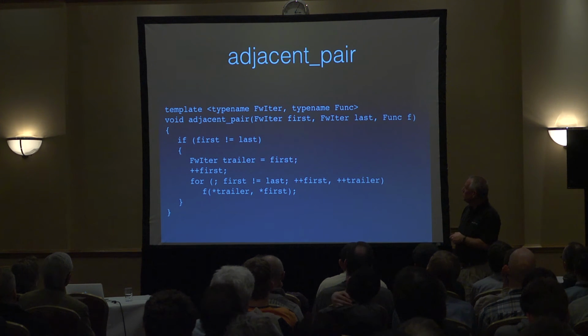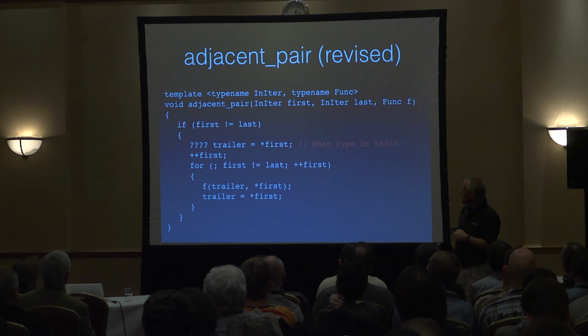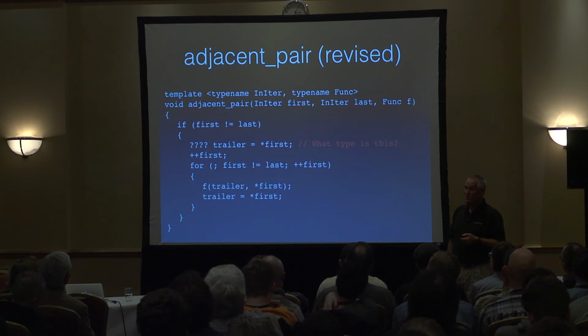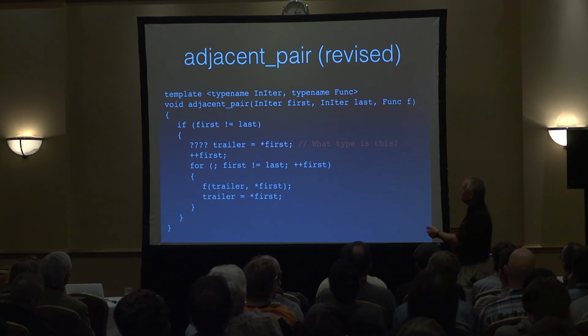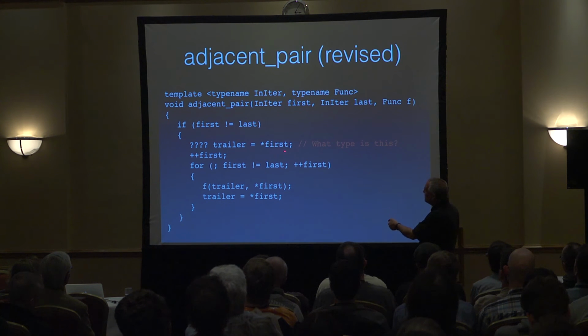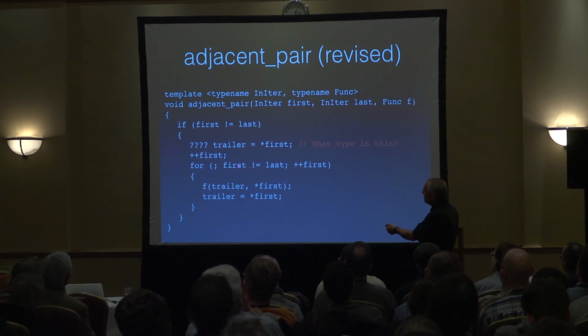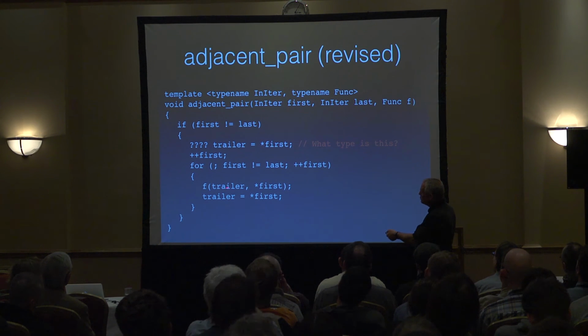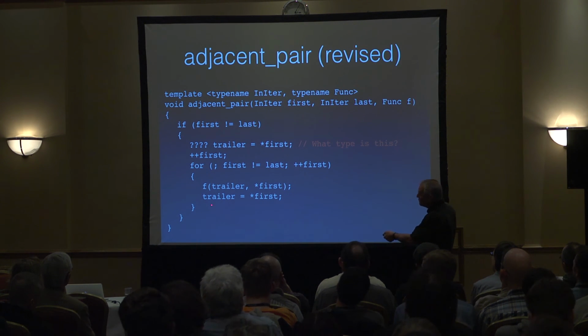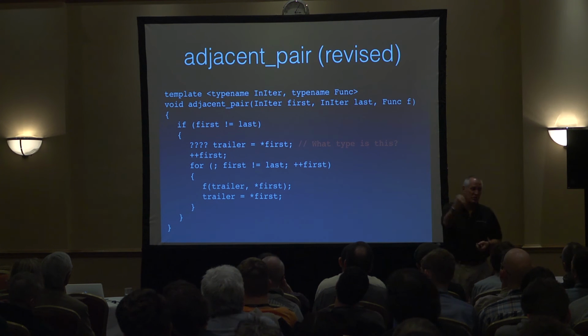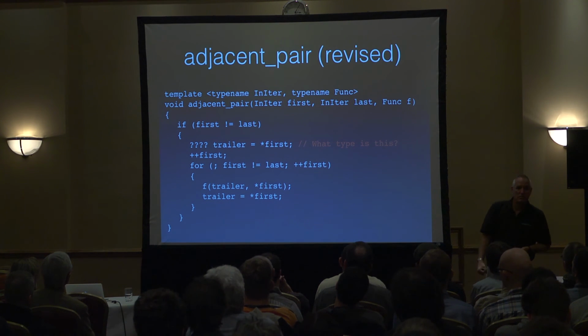What can you do? Well, you can make a copy of a single element. Here we're going to save off the first element in the sequence, and then each time through the loop, we're going to call the functor, and then we're going to save off the element we just looked at, the back half of the pair.